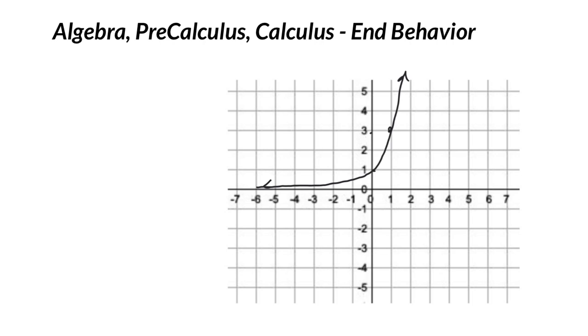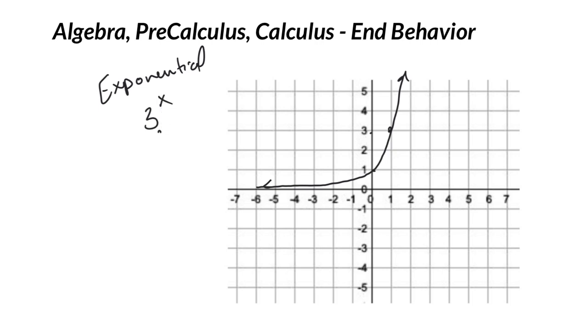Now, exponential functions are a little bit different. Here I've drawn the exponential function 3 to the x, or at least a reasonable sketch of it. If I plug in bigger and bigger values of x, this will just continue to grow larger and larger. But if I were to plug in more and more negative values, it just keeps getting closer and closer to 0. 3 to the negative 100, 3 to the negative 1000.